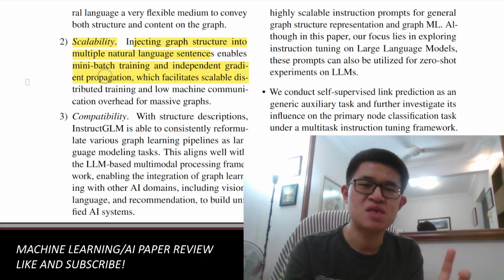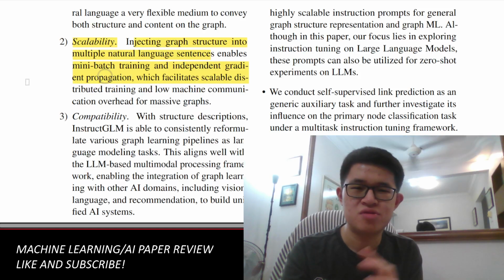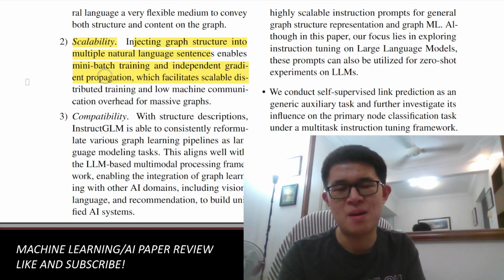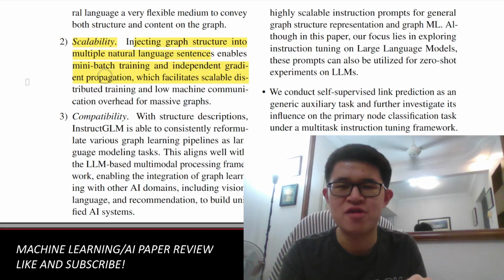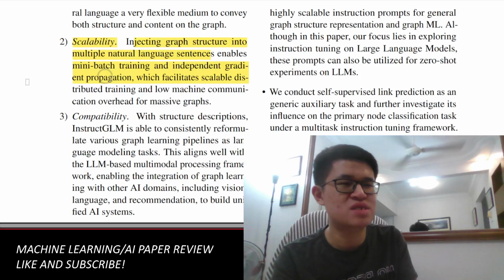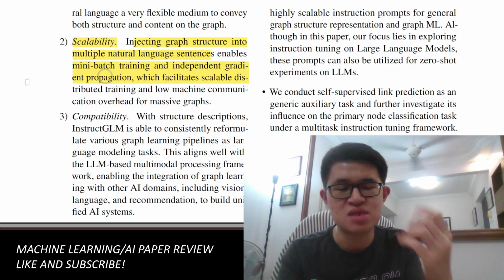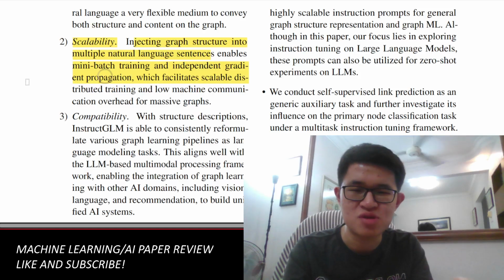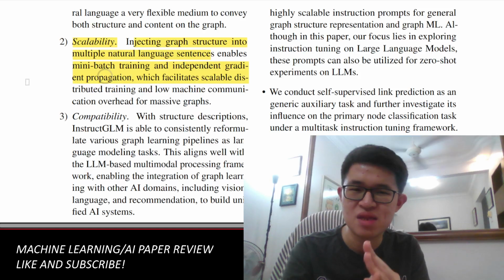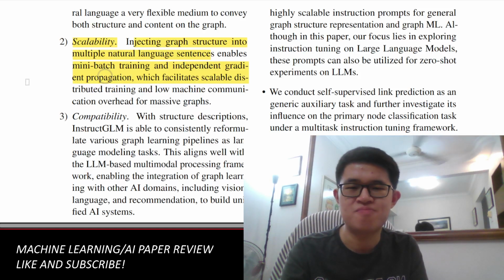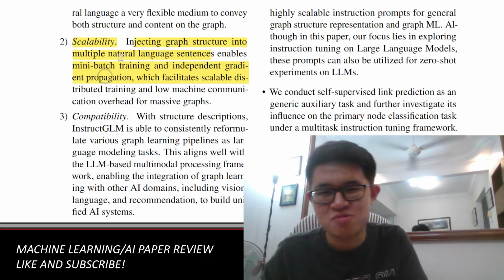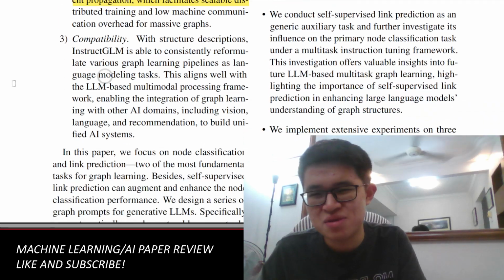So I don't see how this is a selling point in that case. But you could argue that we could scale up the LLMs in terms of the number of layers, which is something that we cannot do with graph neural network layers, right? But they didn't say that in this case, so I would not really agree on that.